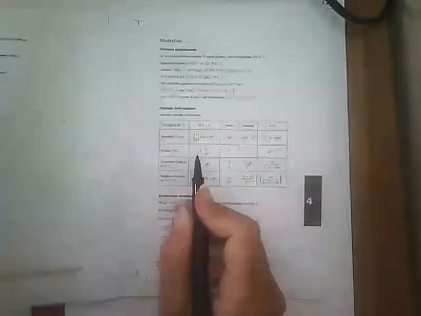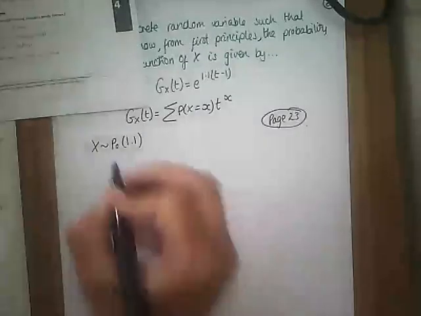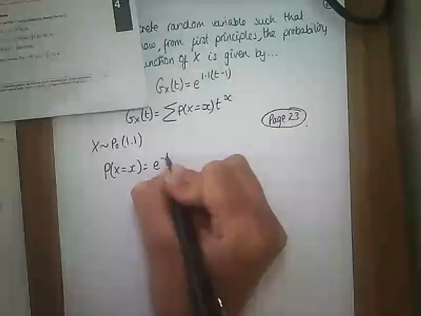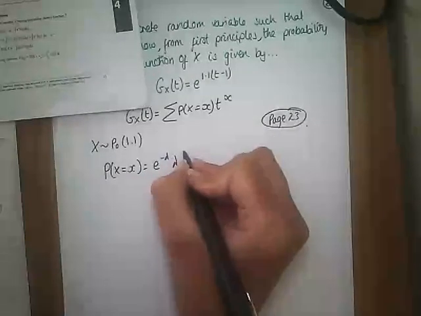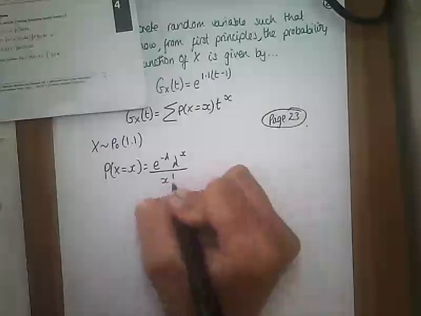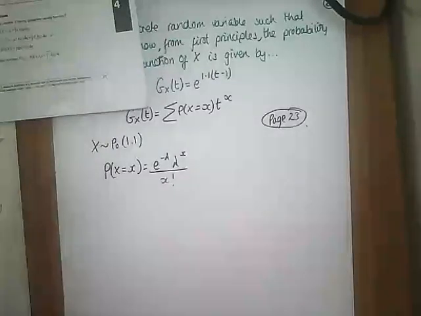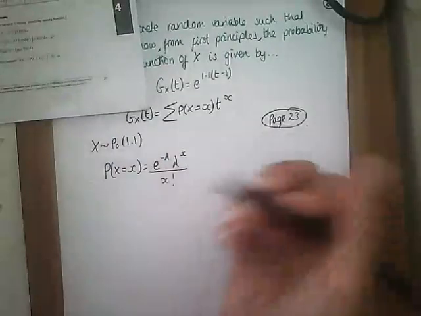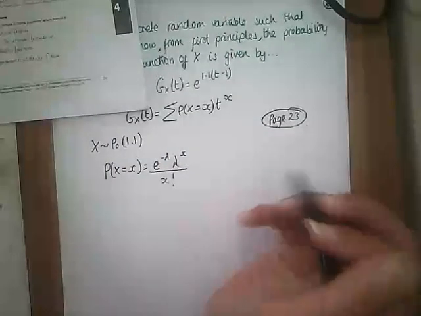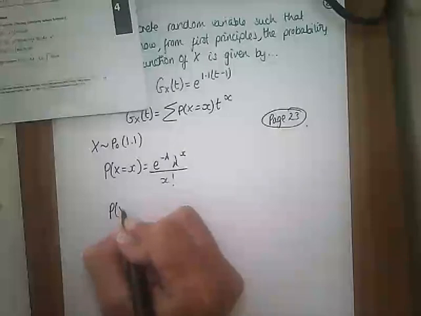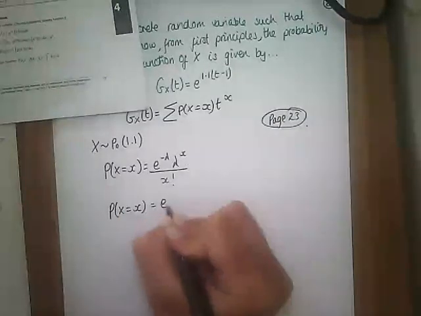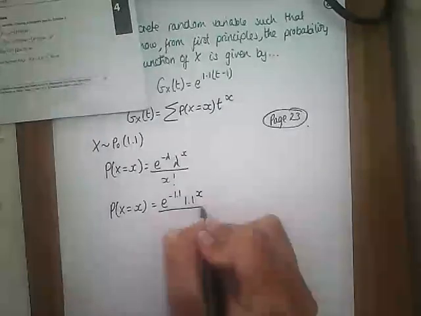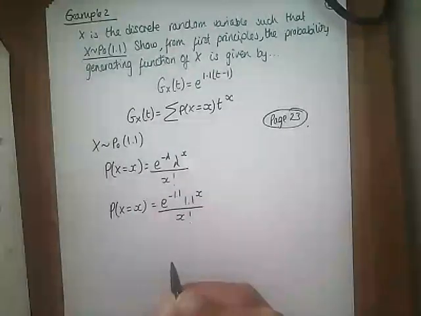If you look at the Poisson section, it gives you our probability mass function for Poisson. It says it is e to the minus lambda, lambda to the x, over x factorial. In the formula book it writes it next to it, but it means the same thing. So in this case, where lambda is 1.1, our probability mass function is e to the minus 1.1, 1.1 to the x over x factorial.